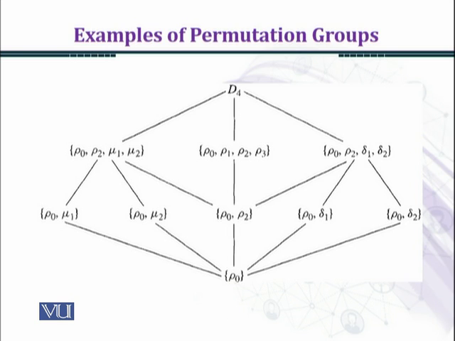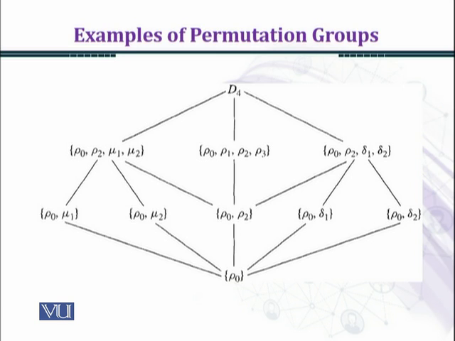As you know, by Lagrange's theorem the possible subgroups are of order 1, 2, 4 and 8, because D4 has 8 elements and the divisors of 8 are 1, 2, 4 and 8. We shall obtain the possible subgroups of these orders.